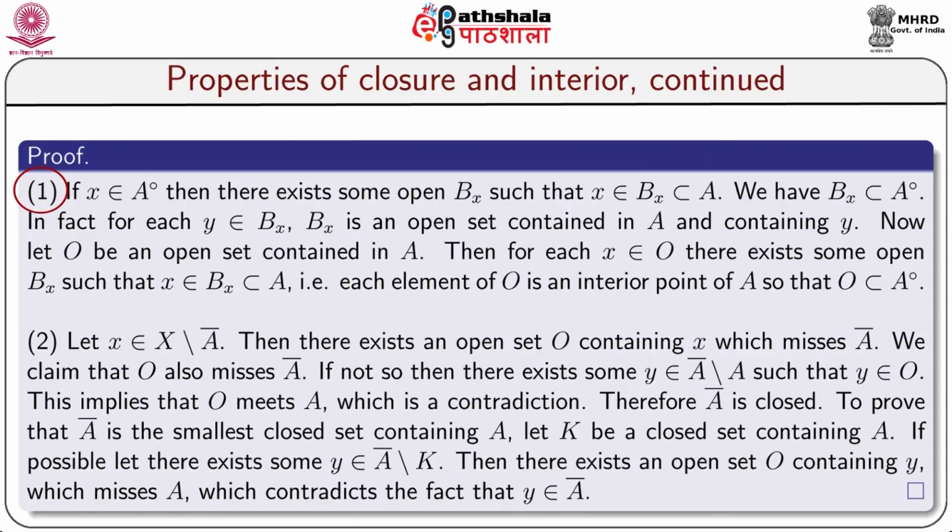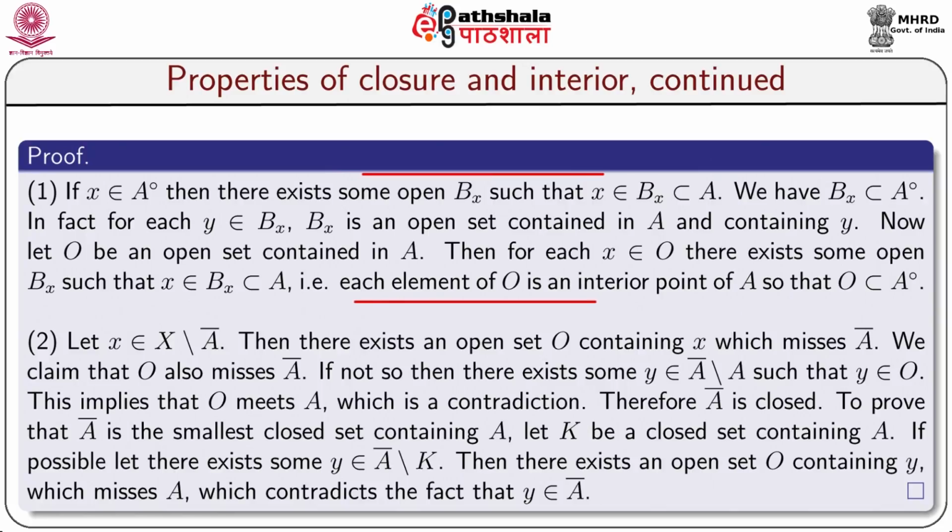Number 1, if x belongs to A interior, then there exists an open set B such that x belongs to B subset of A. We have that B is a subset of A interior. In fact, for each y belongs to B, B is an open set contained in A and containing y.